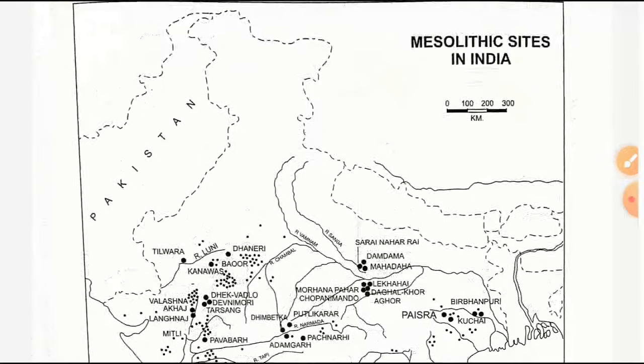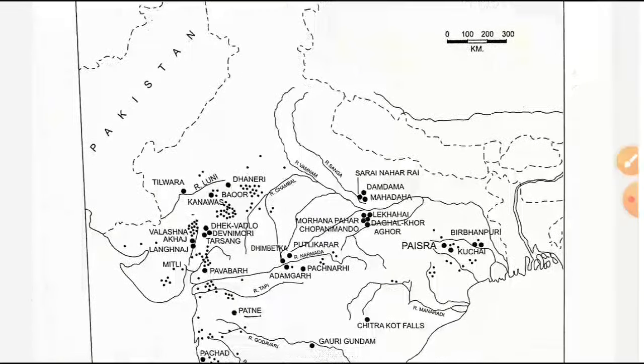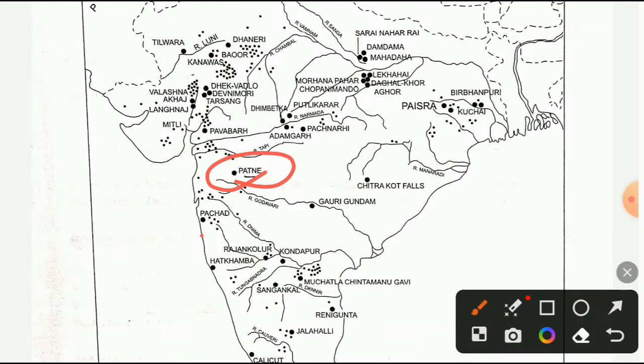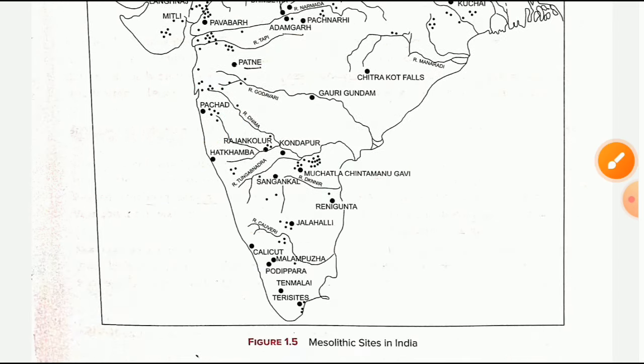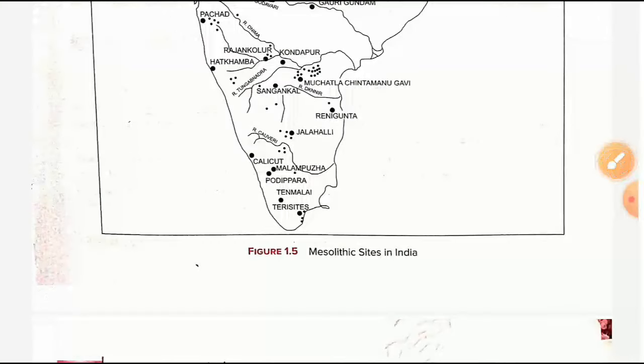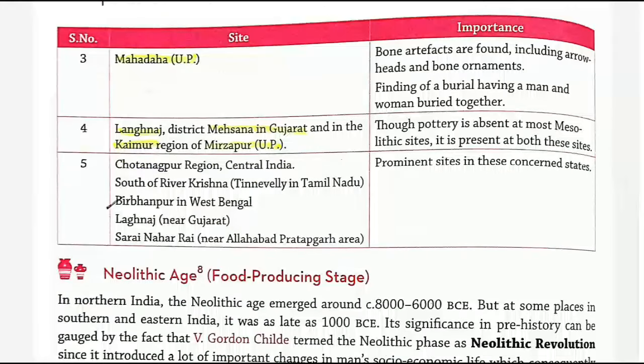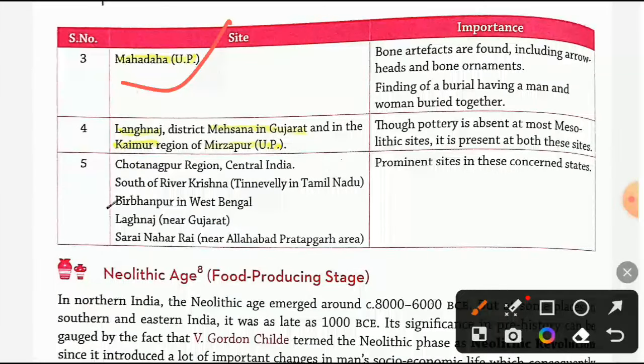So here you can see different sites. The map is given here. You can have a watch. Patne, Pachad, Kuchai in eastern India, Dhaneri. These are the important sites. Next, site number 3 is Mahadaha in UP, Langhnaj in Mehsana, Gujarat, and the Kaimur region.